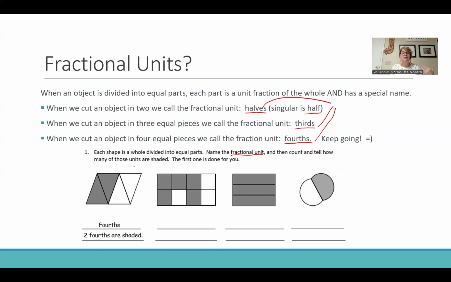So here in this first picture, because we have 4 equal pieces, this would be fourths, and 2/4 are shaded. Okay, so for this one, if we count, we've got 8. That one to me is one of the hardest to write, but there we go. Eighths, and we have 5/8 are shaded.